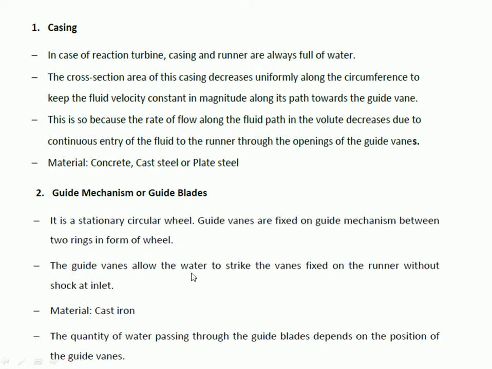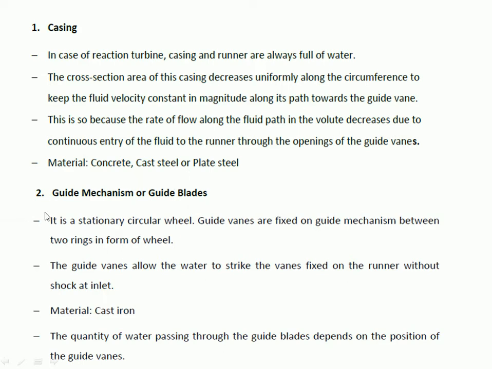That means the area of the casing decreases to keep the fluid velocity constant along its path towards the guide vane. This is so because the rate of flow along the fluid path in the volute decreases due to the continuous entry of the fluid to the runner through the opening of the guide vanes. The material for the casing is concrete, cast steel or plate steel.